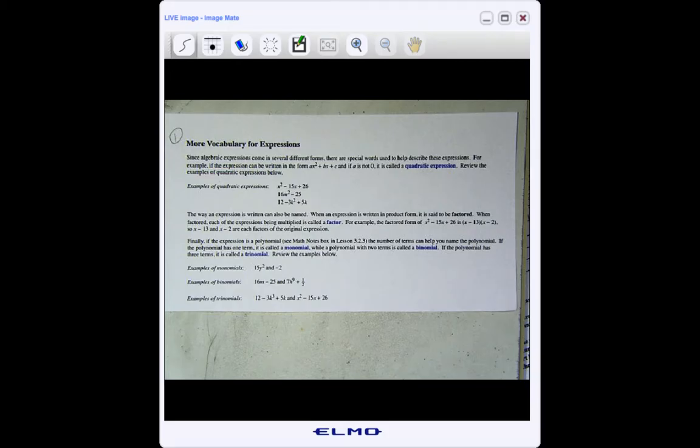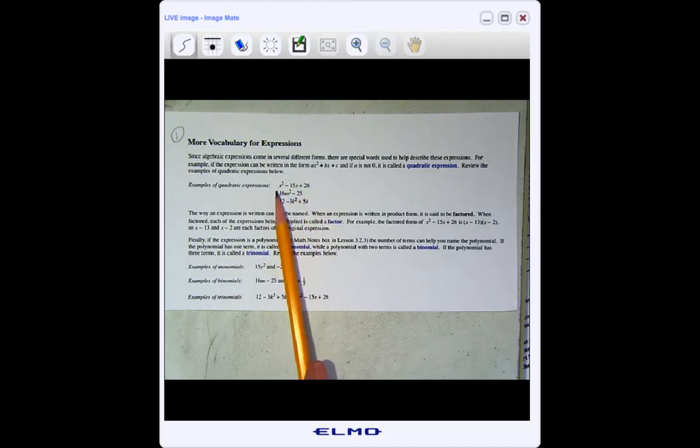When you read over this, it talks about some different types of forms, but basically a quadratic expression is an expression that can be written in the form ax squared plus bx plus c, and a cannot be 0. So it must have a squared term in order to be considered quadratic. Okay, so if we look at all of these, is this in the form ax squared plus bx plus c? Yes.